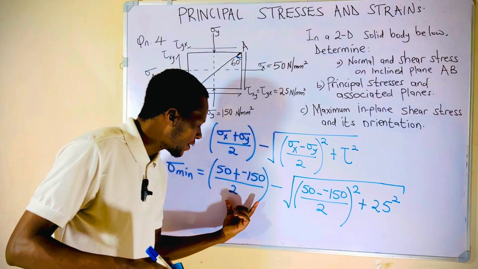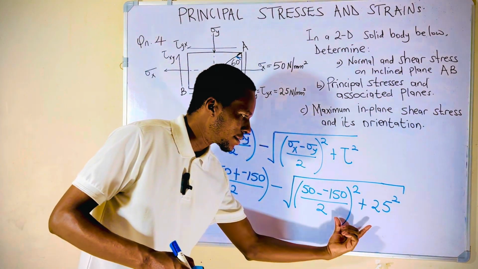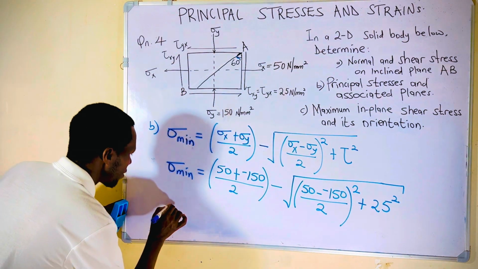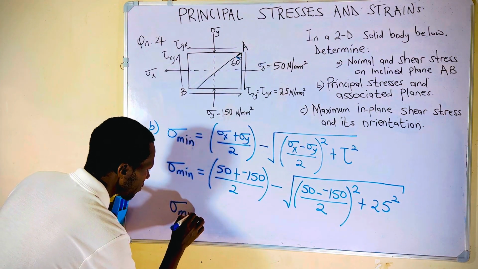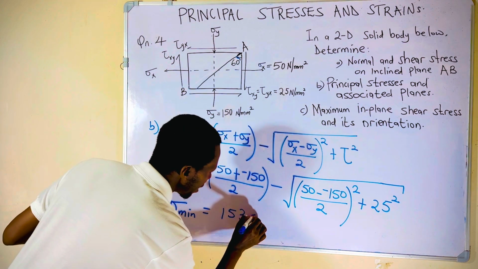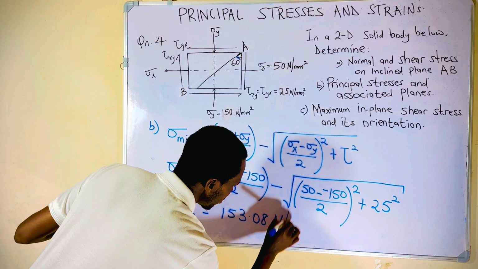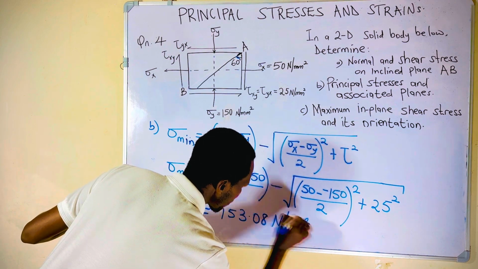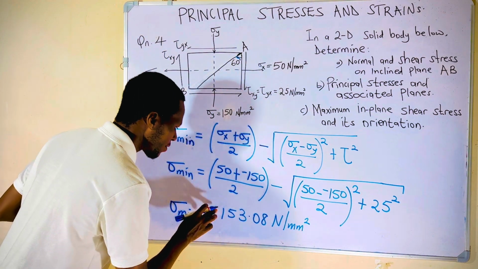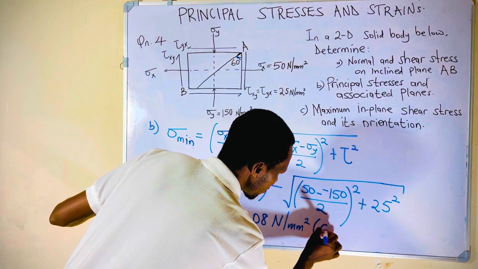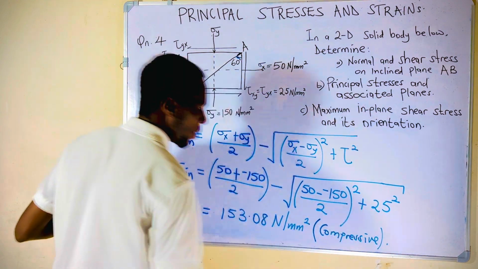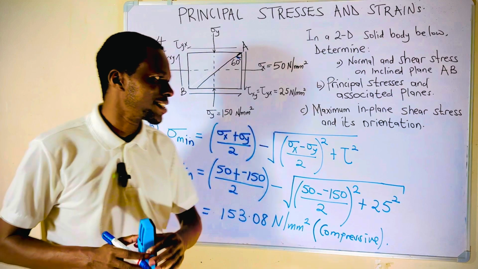So you feed this inside your calculator, minus the result that you get from this square root. So what will you get? The value of sigma minor is coming to 153.08 Newton per millimeter square, and this answer is negative. But instead of writing negative here, you can just write this and write that this one is compressive. As simple as that.